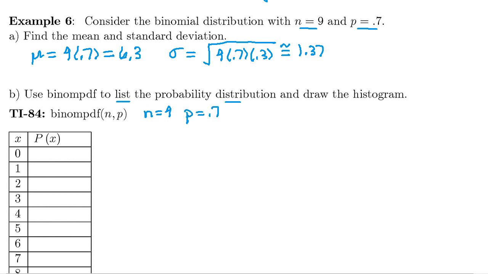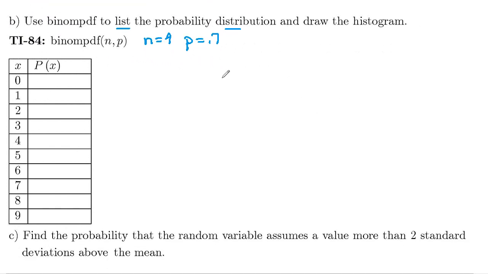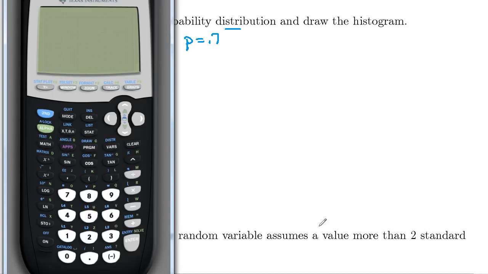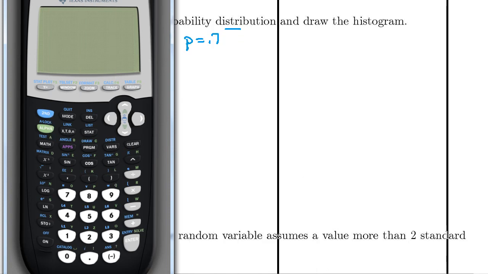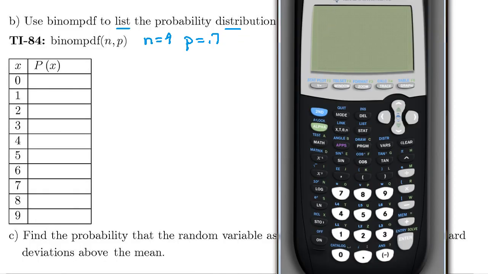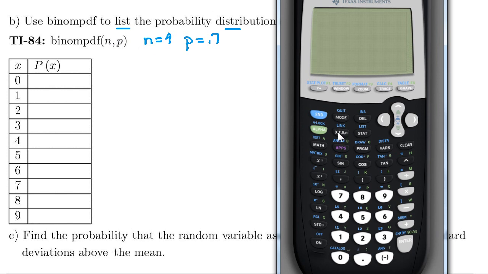So to do that, you go into binomial PDF, you put in n and p, but you don't put in x. So let's try this. If it doesn't give you the menu, you just stop at n and p.